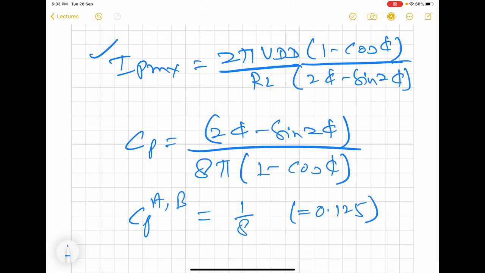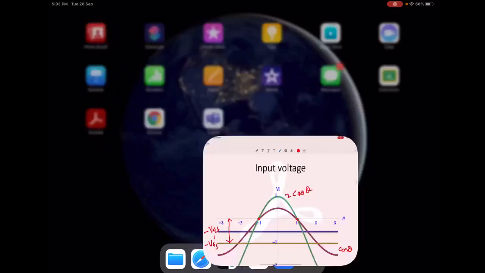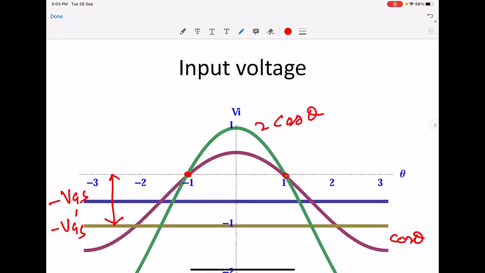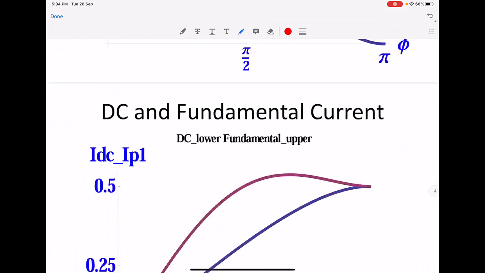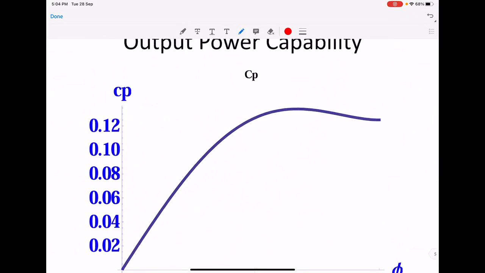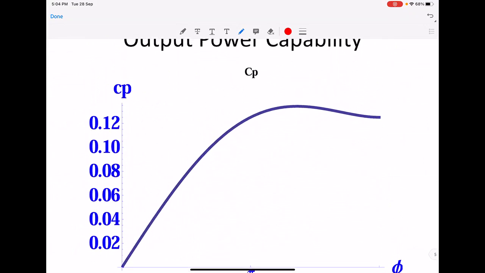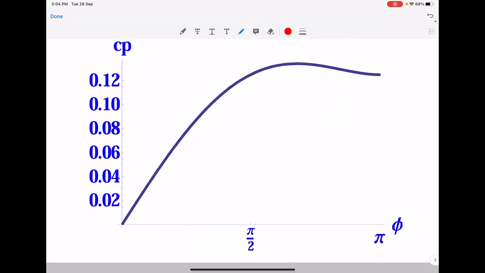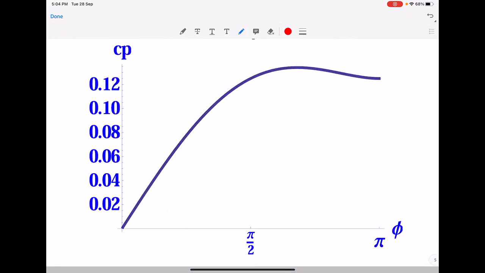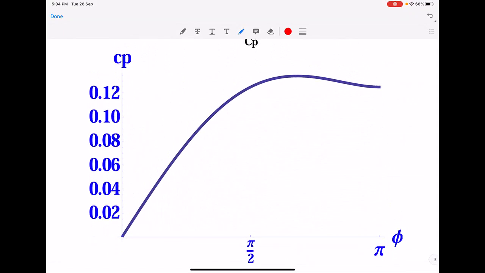Now we can see this value for other classes. Here we have taken phi on the x-axis and we have plotted C_P.